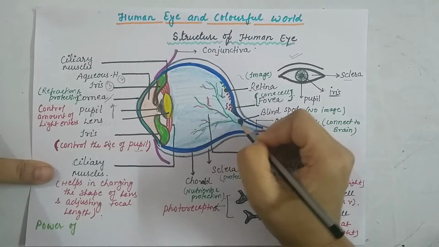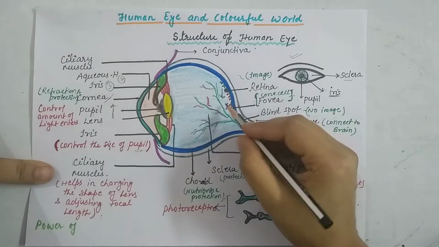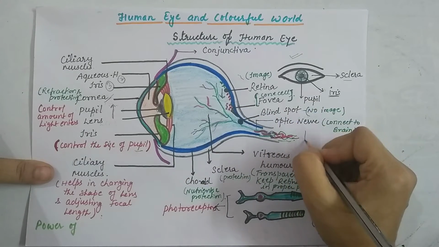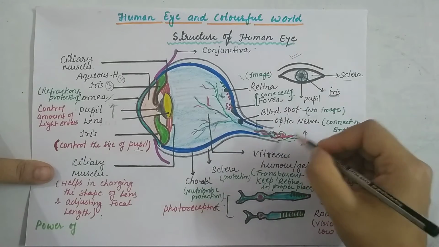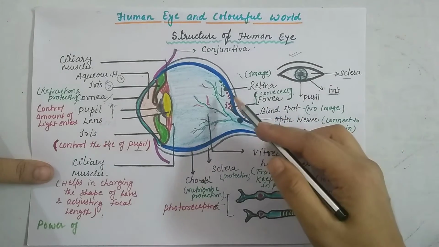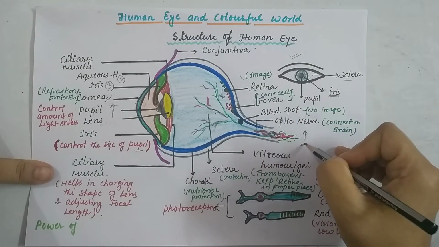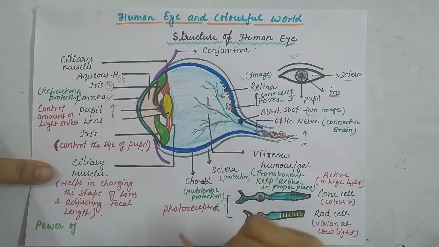But when it goes to our brain, our brain translates that real and inverted image into an erect image.